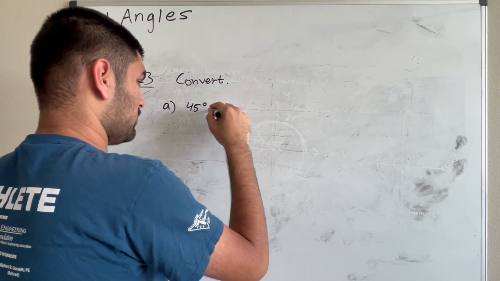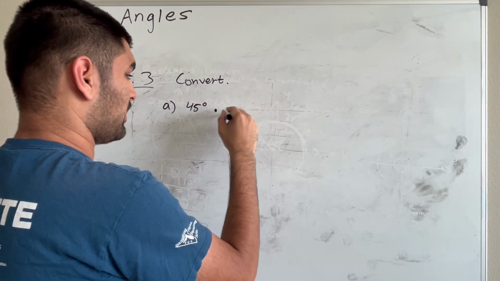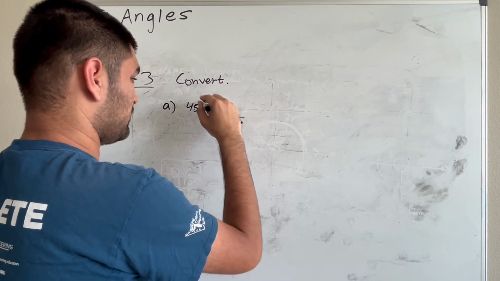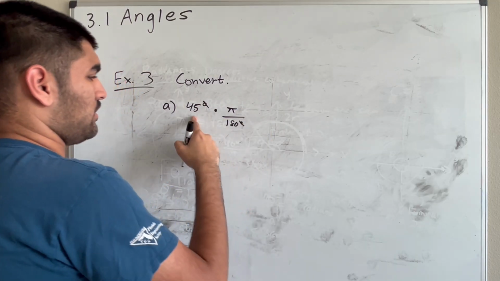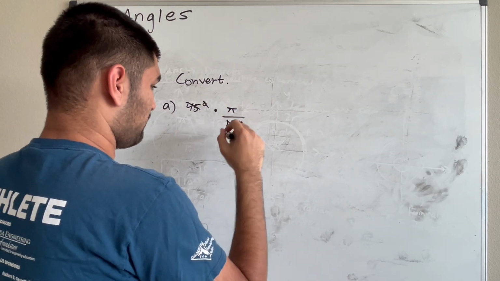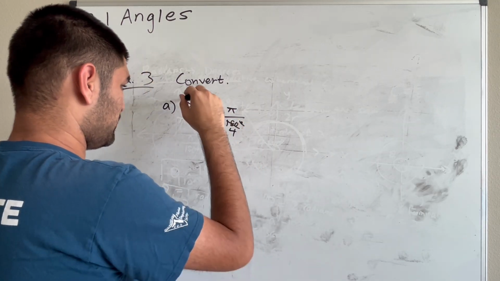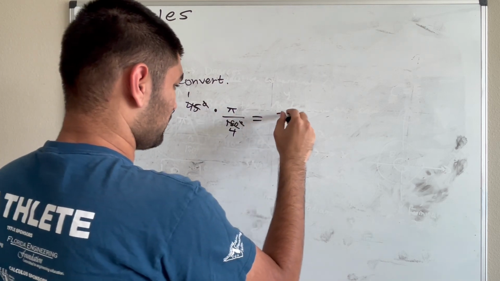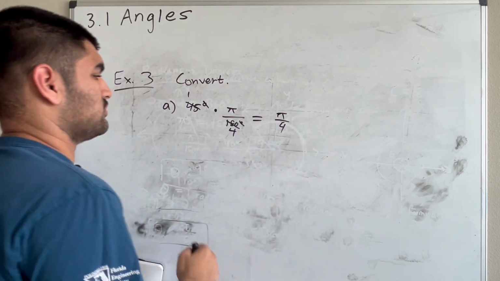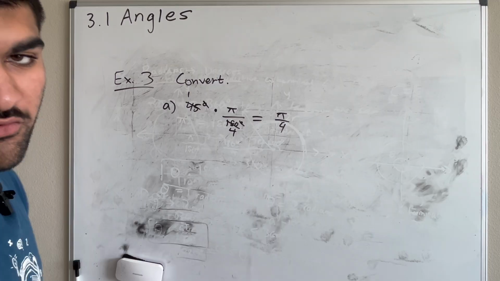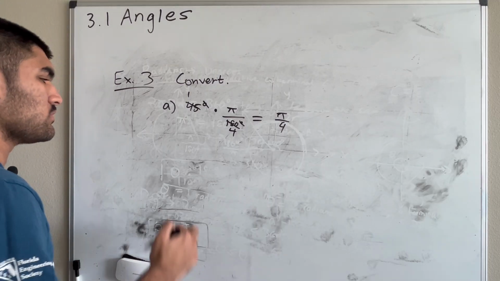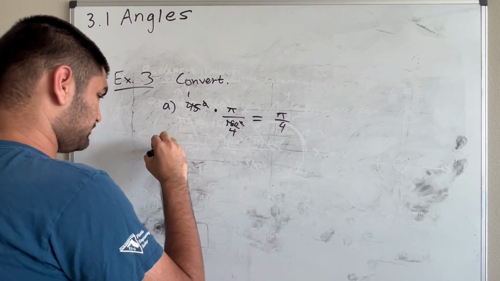To go to radians, remember you have to multiply by pi over 180 degrees, because the degrees cancel. And then simplifying this, 45 and 180, this simplifies to 4, and this goes to 1. So overall, you're left with pi over 4. So 45 degrees is equal to pi over 4 radians. All right, nice.